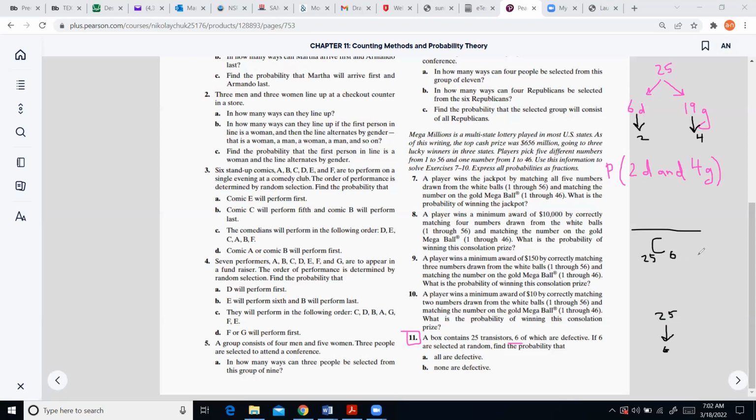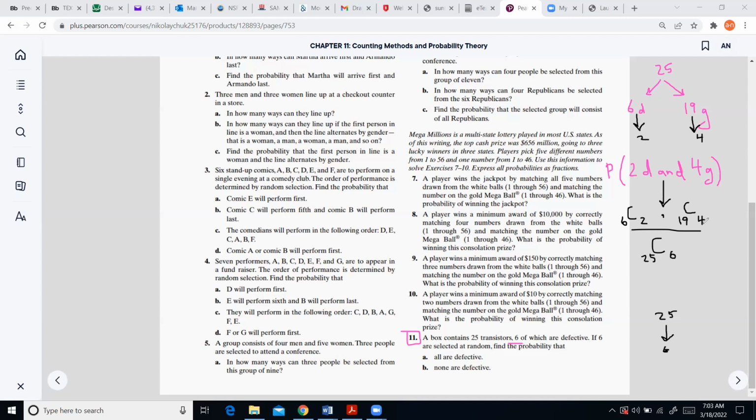And we also did the product, because 'and' means to multiply, of combinations from 6 to select 2, and combinations from 19 to select 4, right? So that was the answer to the probability that they wanted.